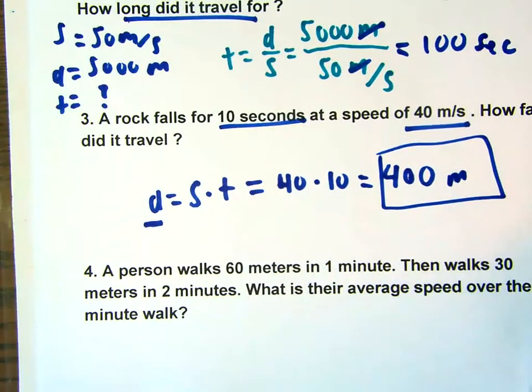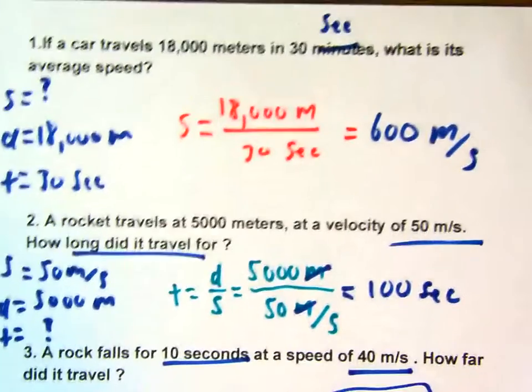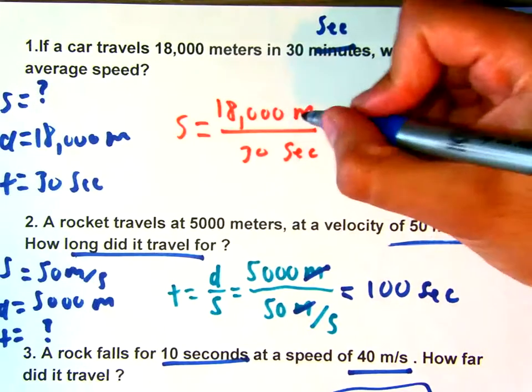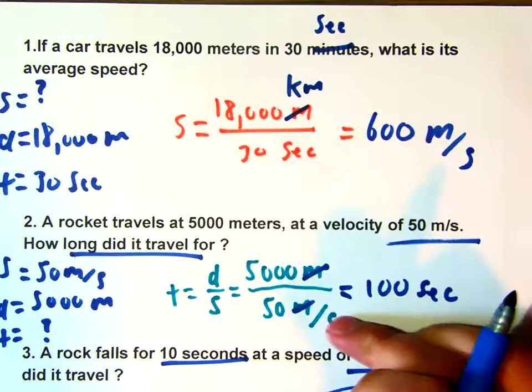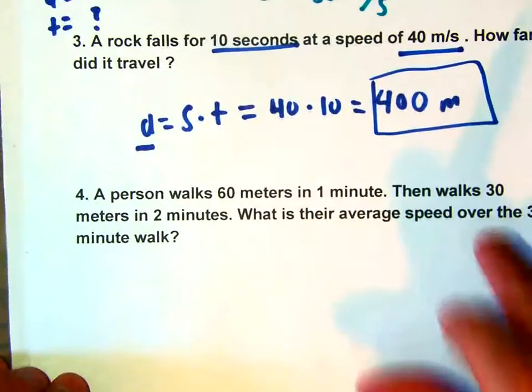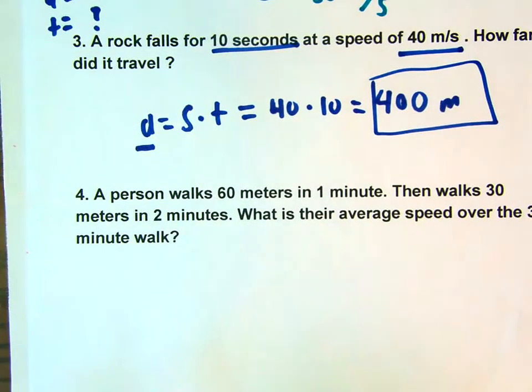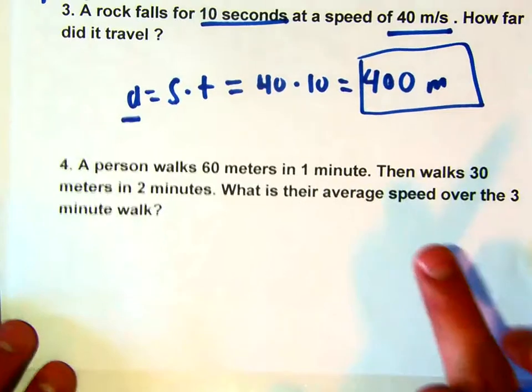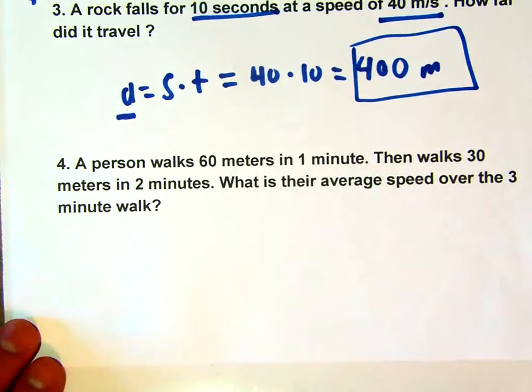It depends on the problem. For example, on this top problem, if I was given kilometers rather than meters, then my answer would have been kilometers per second. So it all depends on the units that you're given. Even though we commonly use meters per second, that's not always going to be the case. And I'll show you guys that in this example.